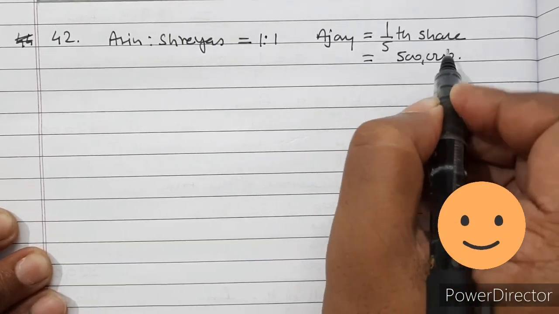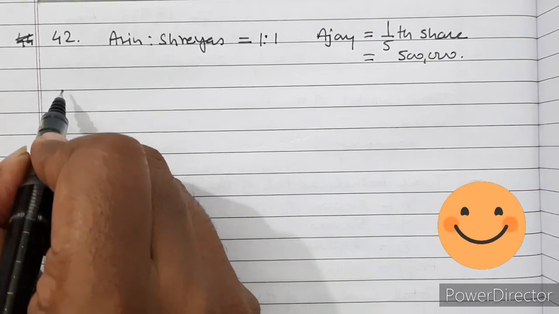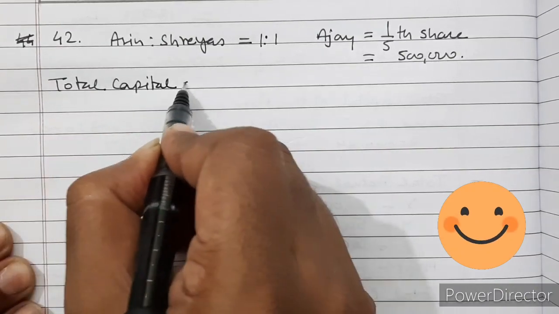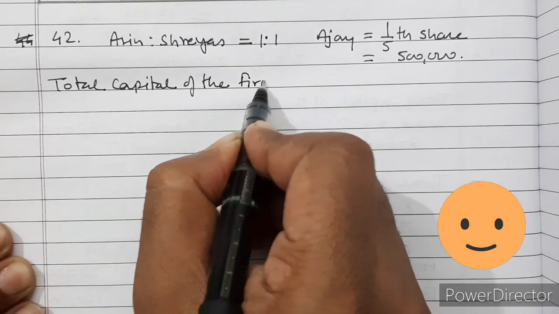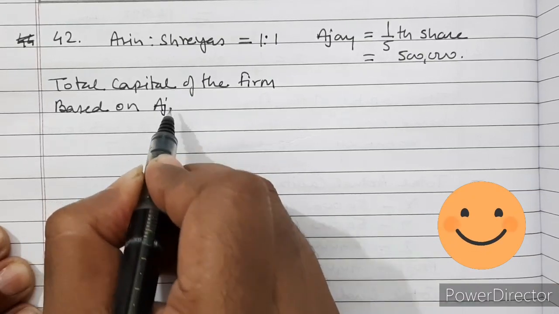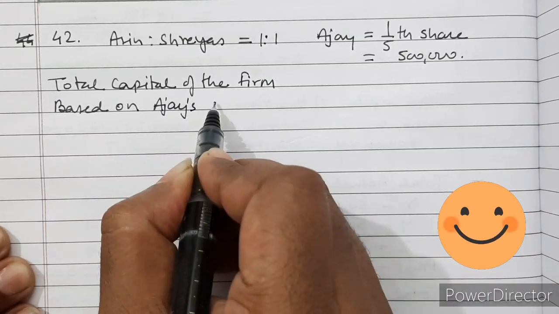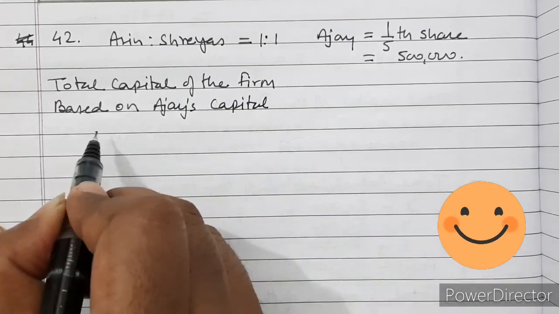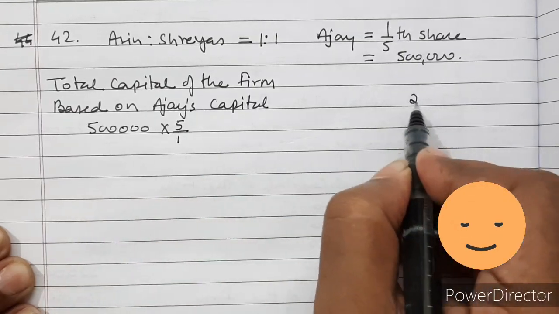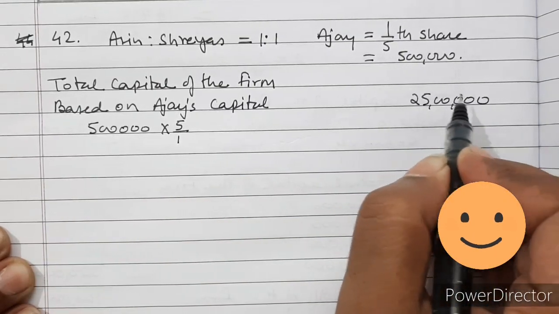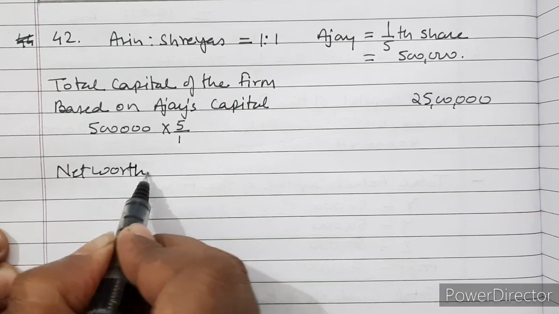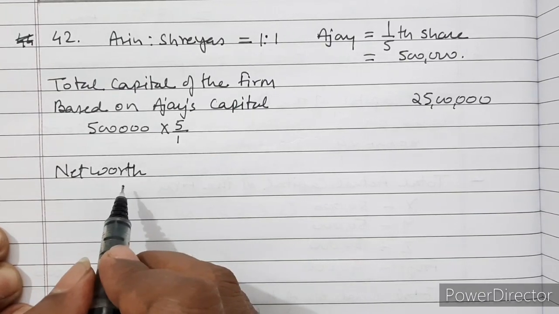So first we will calculate the total capital of the firm based on Ajay's share. That is 5 lakh into reciprocal of his share, that is 5/1. So it will be 25 lakh. Now we will compare it with net worth. Net worth is nothing but the total capital of the firm.